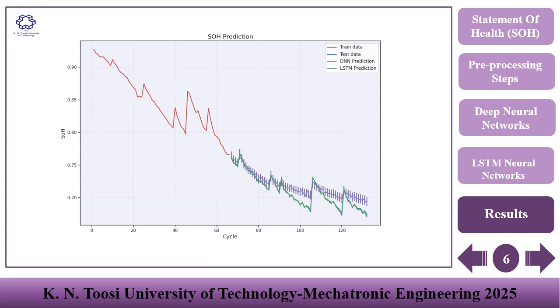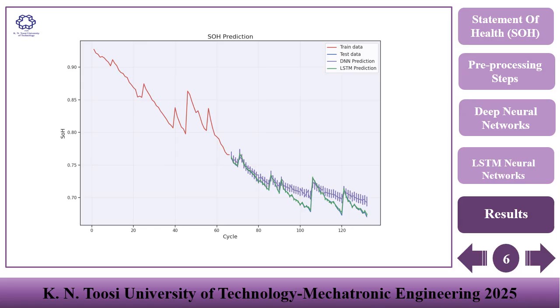The x-axis shows the battery cycle count from 20 to 120 cycles, representing real-world usage over time. The y-axis represents the state of health, starting from 0.90, or 90%, and degrading down. You can see the actual measured SOH of our test data, which shows the true nonlinear path of degradation.